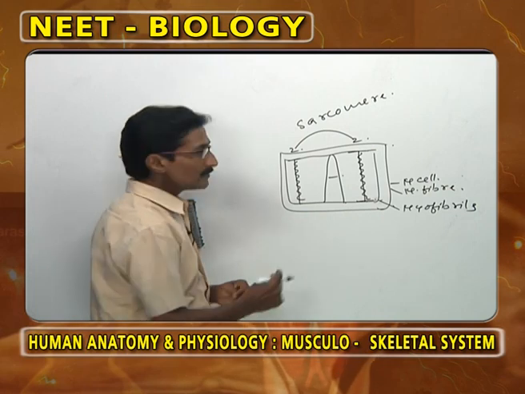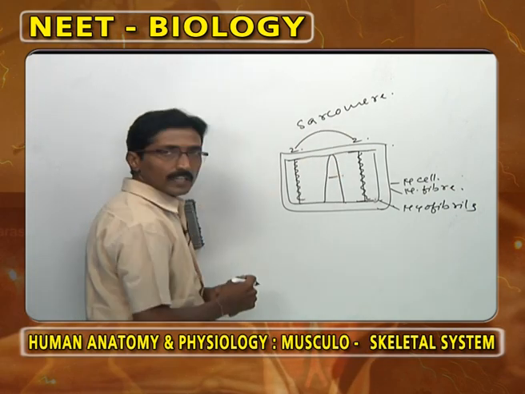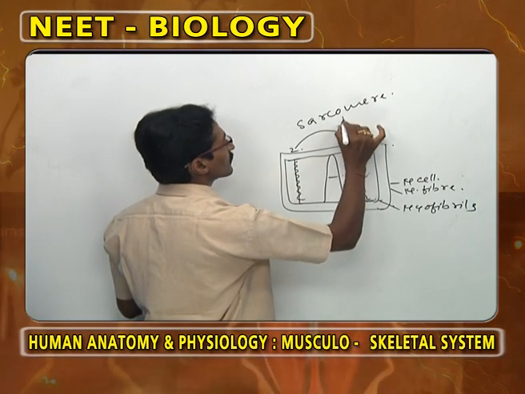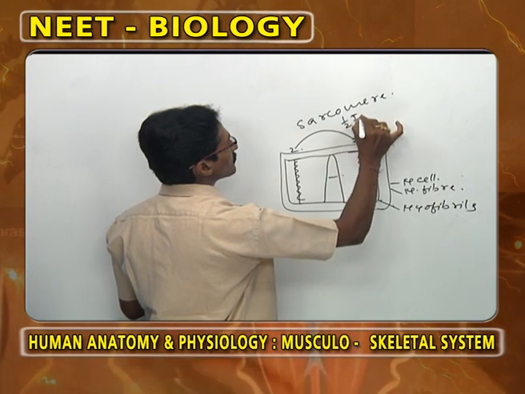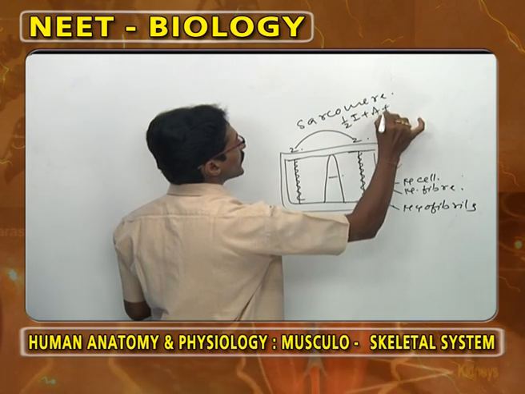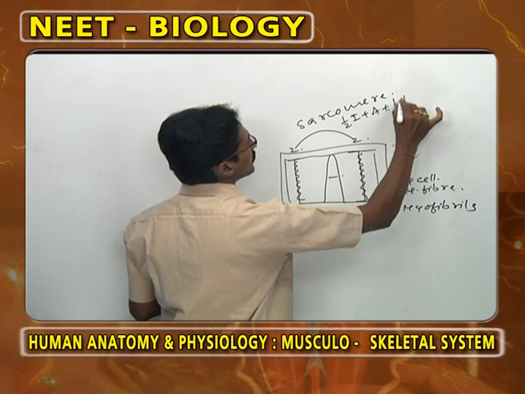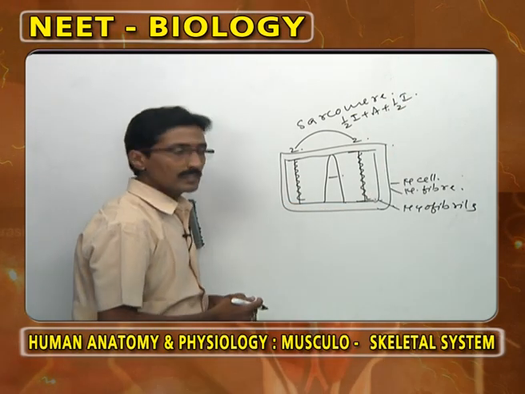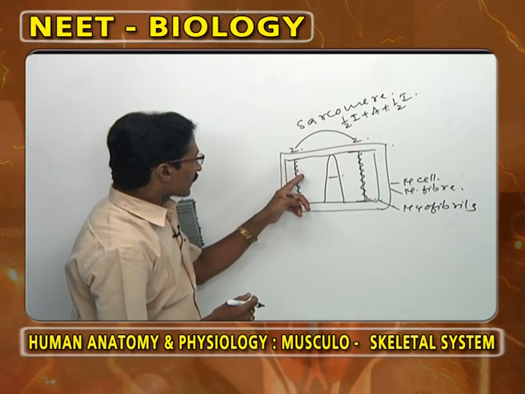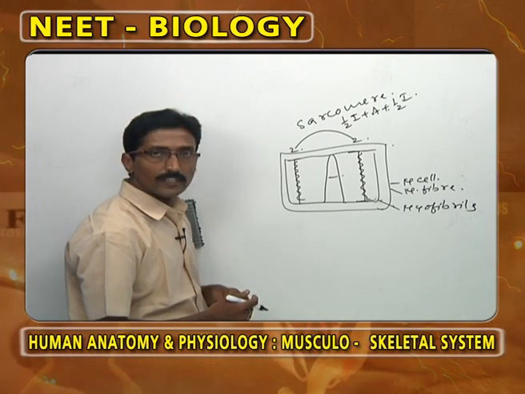sarcomere. In a sarcomere, what are the components? Part of I, complete A, part of I. I is divided into 2 by the Z line.